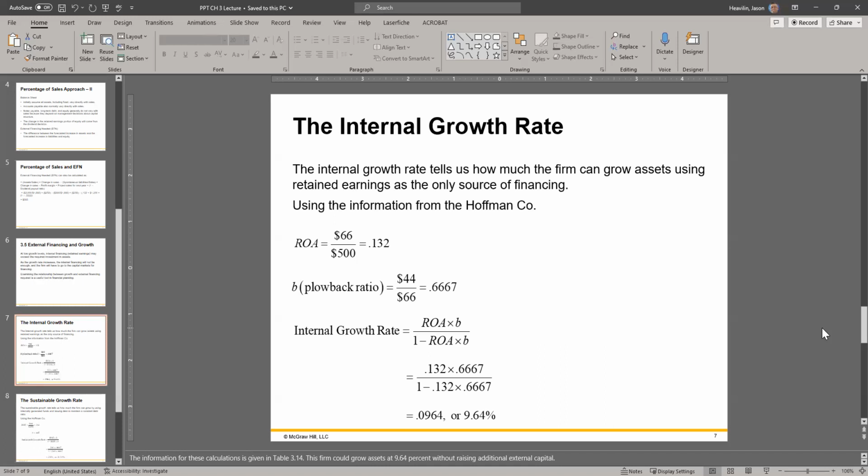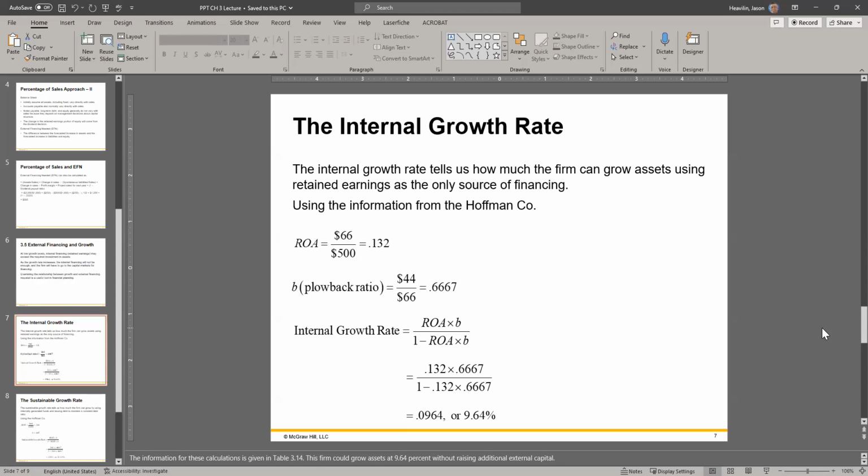Now this thing, b, that's not multiplication. We're just telling you what it's called, plowback ratio. Earlier, I mentioned the retention ratio. Plowback ratio is just the same thing with a different name. You may hear retention ratio used more often, but do understand that this one means the same. So the retention ratio here is, once again, the 66 net income at the bottom of the divisor.